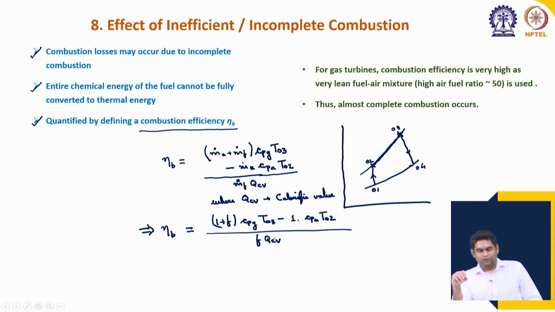Okay. So, by doing this energy balance, if the eta B is known, then we can find out what should be the mass flow rate of fuel if all the other variables are known. So, we will be using this type of relation for calculating the mass flow rate of fuel that is necessary based on the actual combustion efficiency and the calorific value and the actual temperature rise.